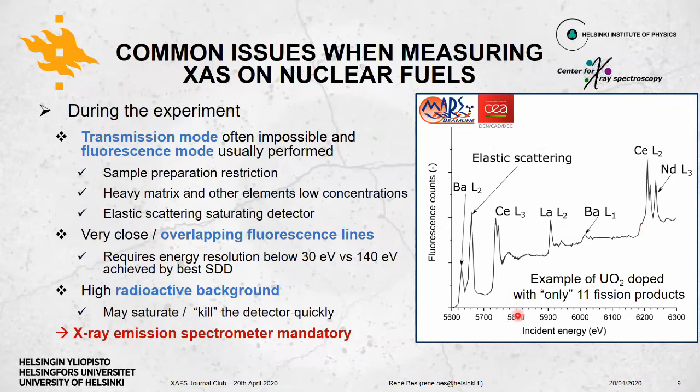On the right side of this picture, you have an example of what you can measure in fluorescence mode without the right energy resolution for separating the lines, for a UO2 sample doped with only 11 fission products. So not all the fission products are in it.